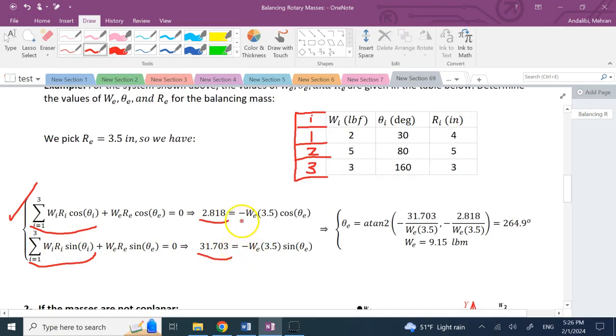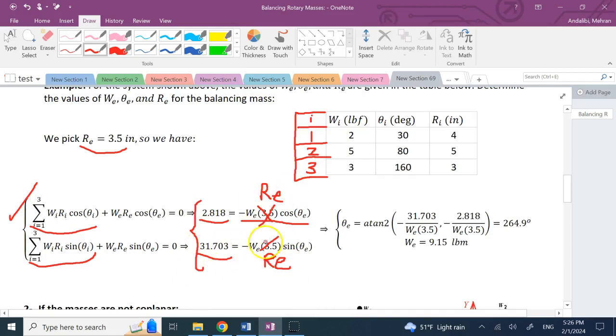So now I have the first equation is negative WE times 3.5, and let's say this 3.5 I don't have. This 3.5 I picked as a distance for RE. Let's say it's just RE, and the same here, it's just RE. We didn't pick any value for it. So these are the 2 equations that I have.